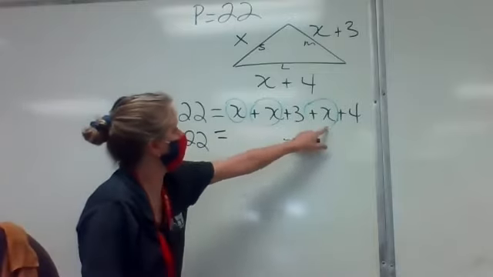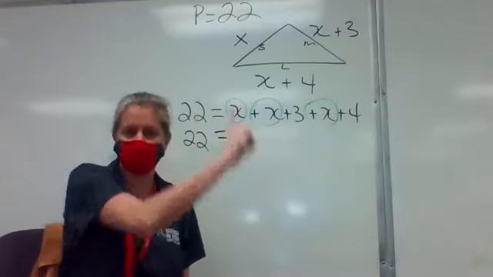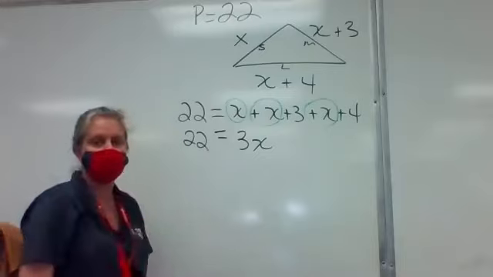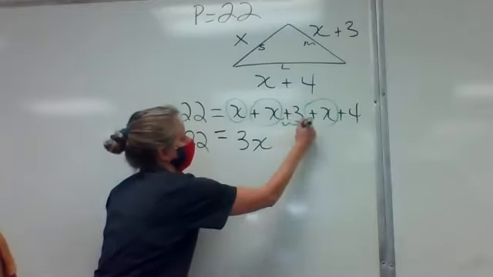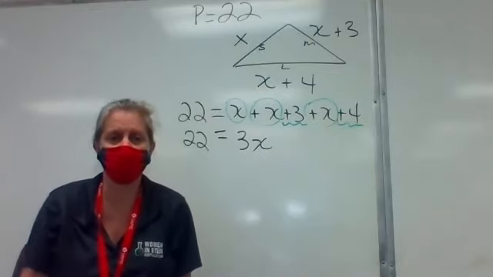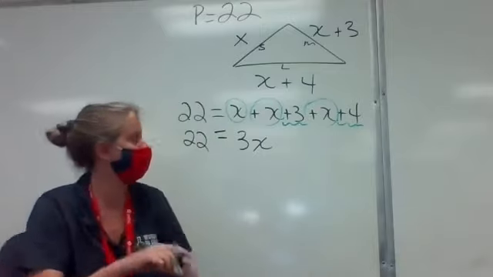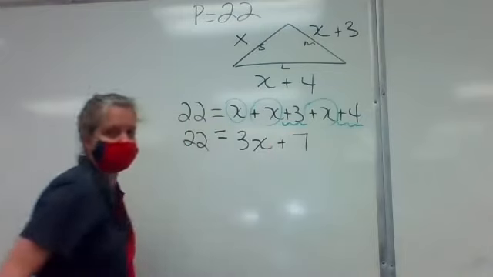How many X's do you have over here? 1, 2, 3, right? They're all 1 X's. So I actually have 3 x's on that side. I can also put the 3 and the 4 together. They're also like terms that are on the same side of the equal sign, so they can go in the same basket. 3 and 4 is the same exact thing as just saying 7.